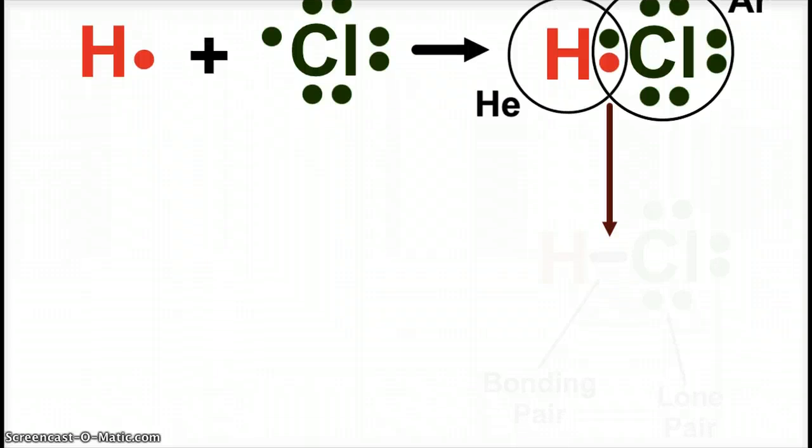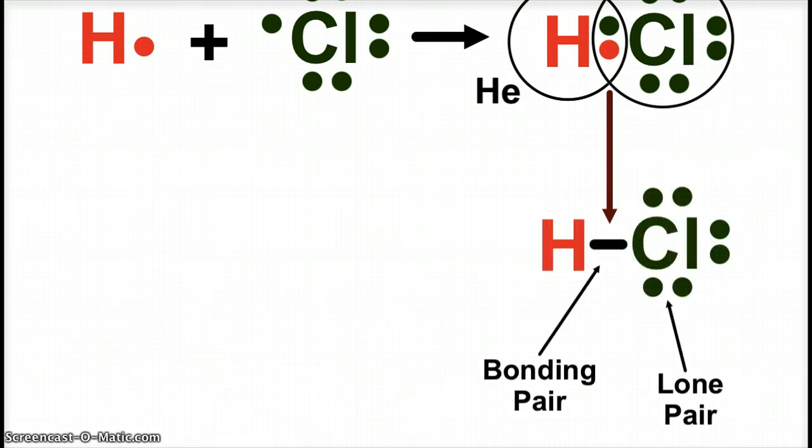And that shared pair of electrons is a covalent bond. And so when we draw a covalent bond, it's a dashed line. We call that a bonding pair. And then the electrons that are left that aren't in the bond, if there are any, are called lone pairs. Hopefully that's just a little refresher for you.